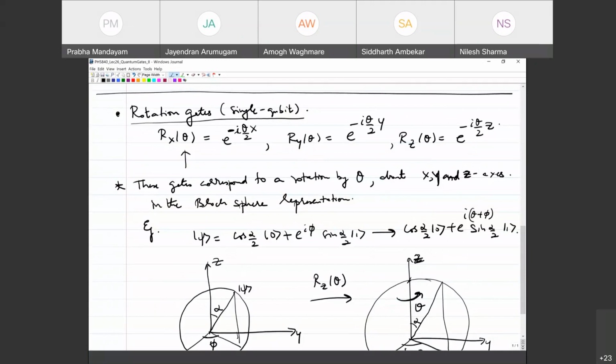And in physics, this is also the way we represent the generators of rotation, right? So when I write e to the minus theta by 2 times X, the sigma x matrix is a generator of rotations about the x-axis, right? So that also fixes the sign for you here.